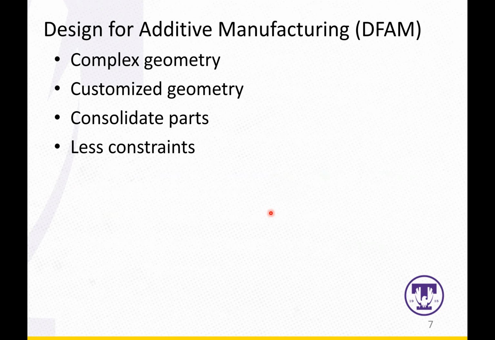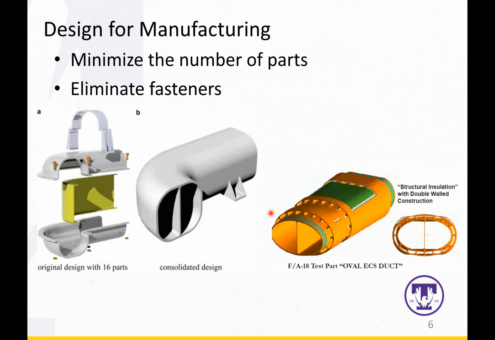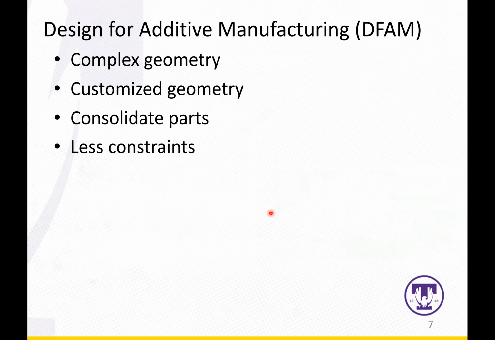And consolidated parts, just like the case we discussed here. You could merge different parts into one part, as long as it can be additively manufactured. Based on these advantages, you could have fewer constraints when you design your products.